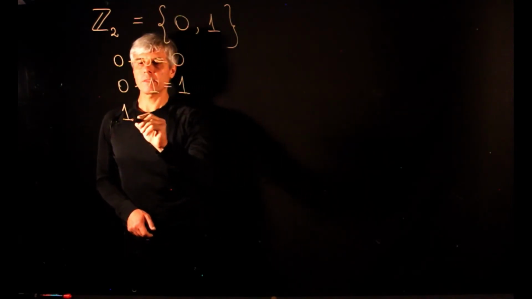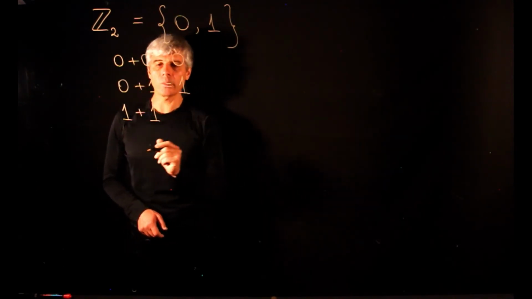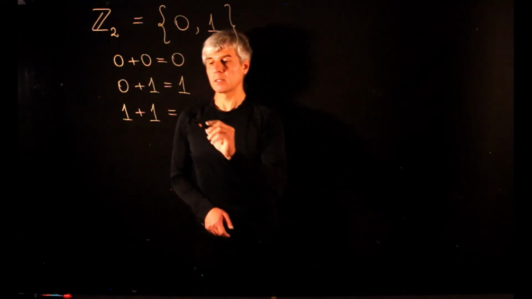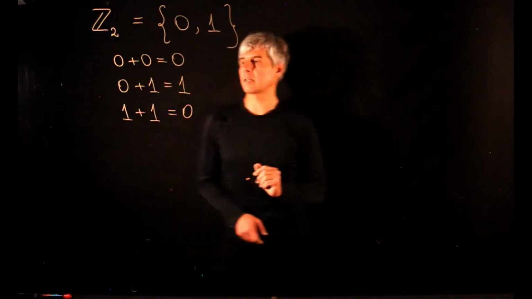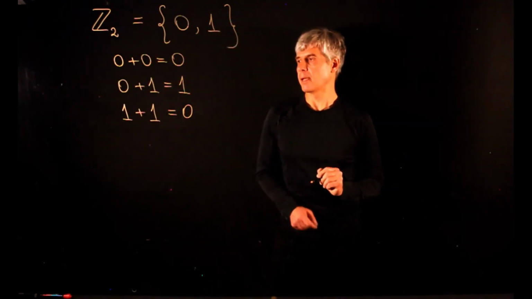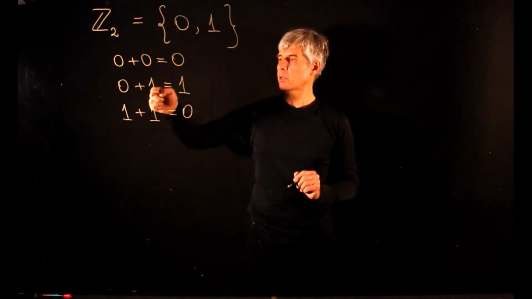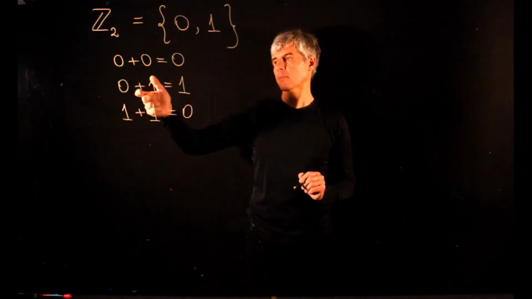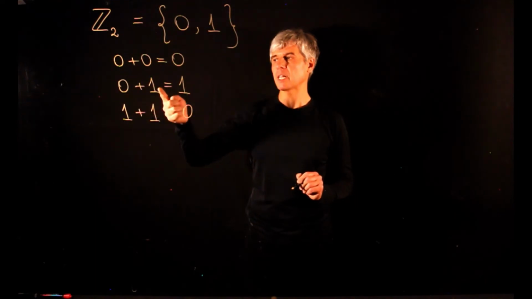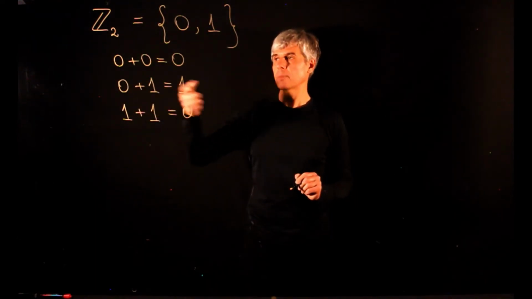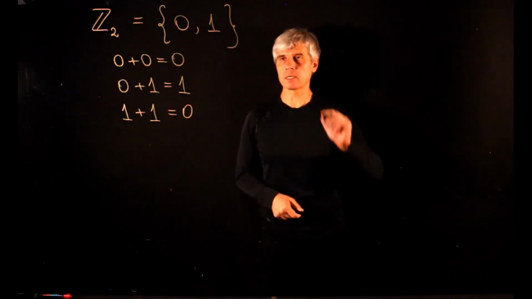Now, the interesting thing is that when we take 1 plus 1, well, we have no 2 here, and we declare that this is equal to 0. And because we want to construct a field, this forces with the commutative law that 1 plus 0 is also going to be a 1, so I'm not going to bother writing this.